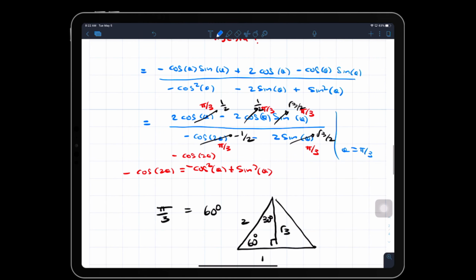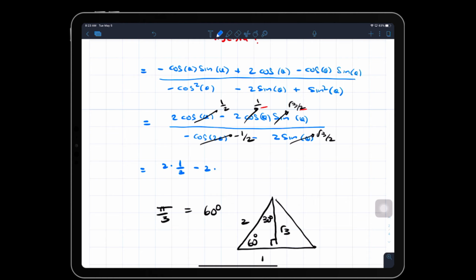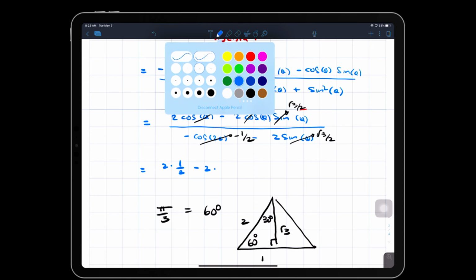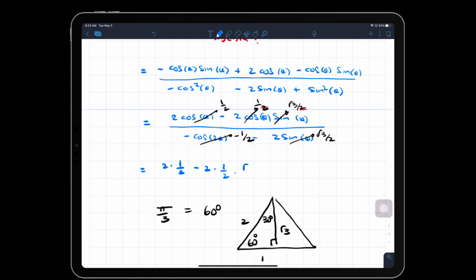So maybe we can just go back here and erase some things. That'll be helpful. We're looking at pi over 3. I'm going to get rid of that. We already know we plug in the angle. And here's what we end up with, right? We end up with 2 times 1/2 minus 2 times, I think that was 1/2, right? And that's the square root of 3 over 2.